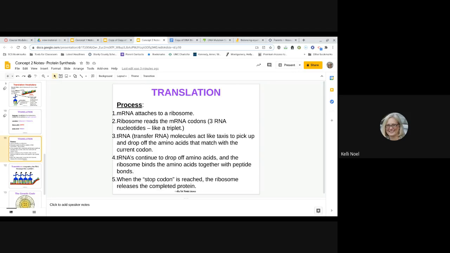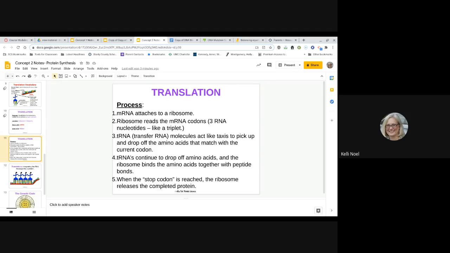Number 3, you've got tRNA in that first blank. That's transfer RNA. Molecules will act like taxis to pick up and drop off the amino acids, the next 2 blanks, amino and then acids, that match the current codon. 4, the tRNAs continue to drop off amino acids.